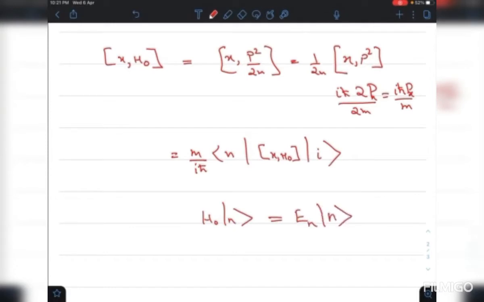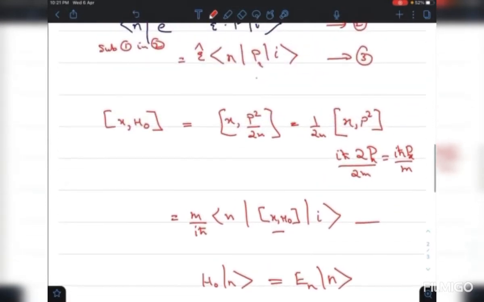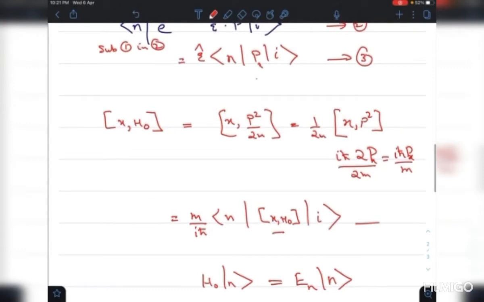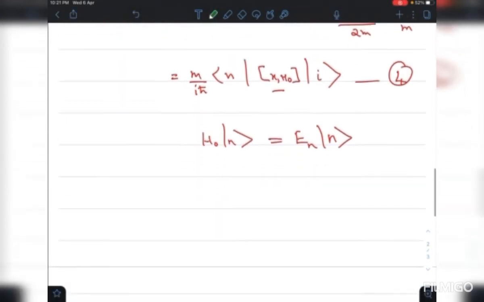Okay. So now we can expand this commutation relation here. Let's put it as equation number 4. Okay.